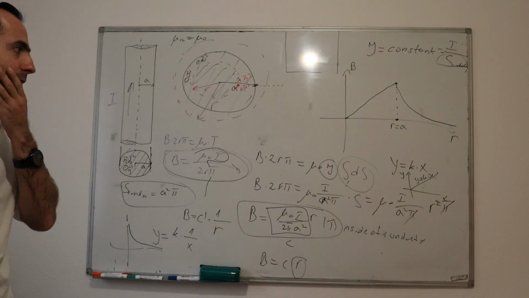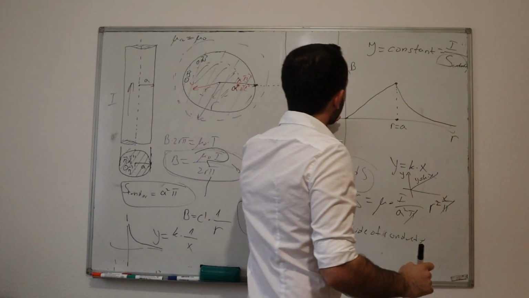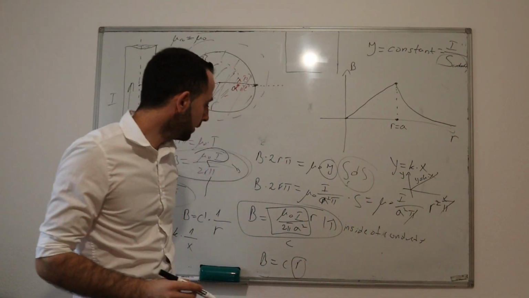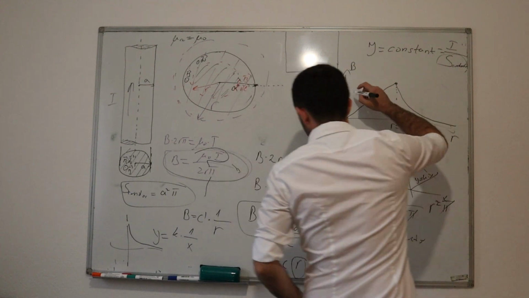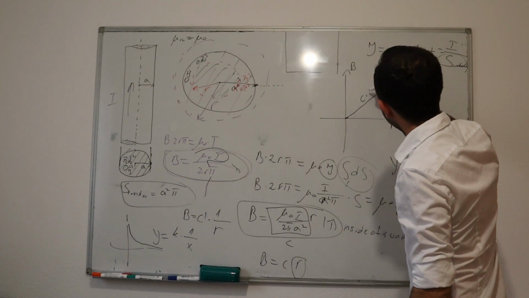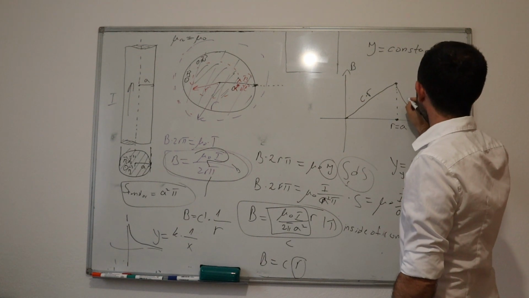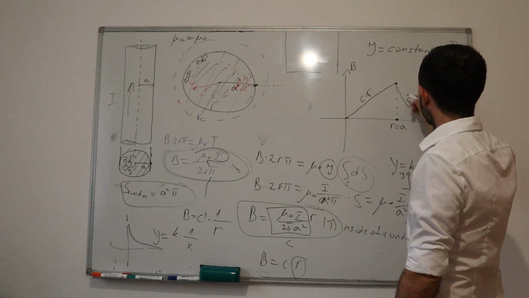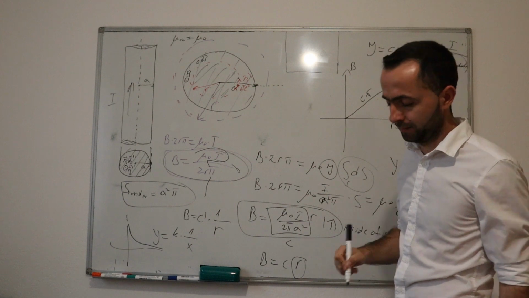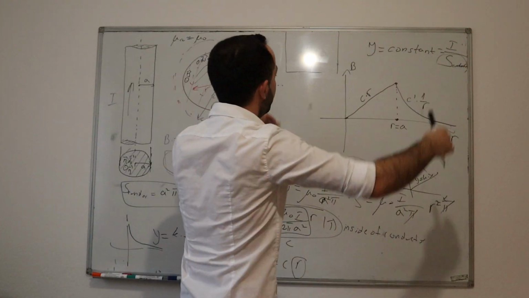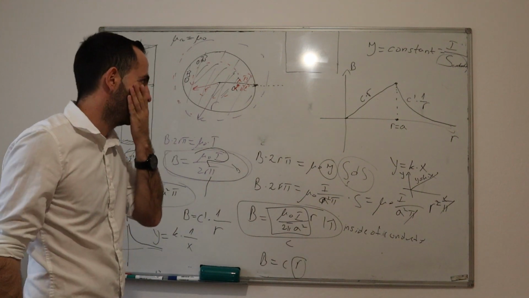So this is our magnetic field inside and outside the conductor. It rises linearly inside, as some constant times r, but outside it is some other constant times 1 divided by r. It decreases with this law as we move away from the conductor.